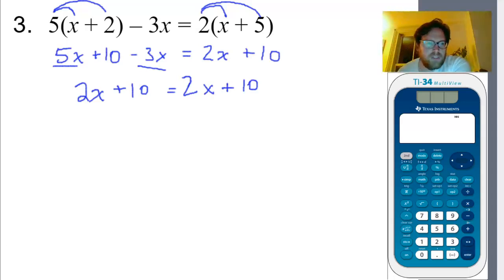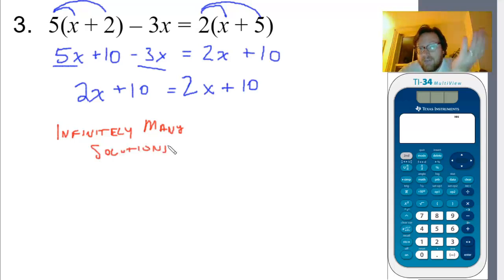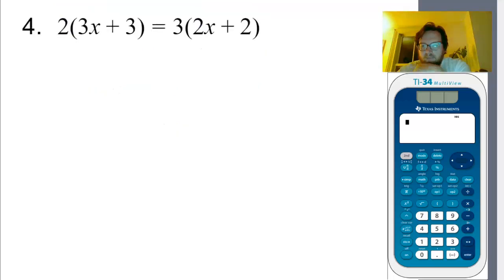And when this is always true, meaning you could plug in infinitely many values of x and it would still work, we write infinitely many solutions. This means there's infinitely many values of x that would work to solve this equation.